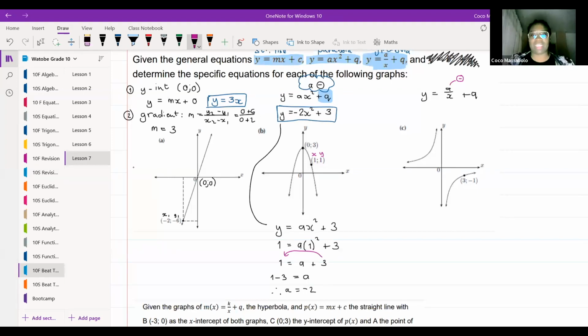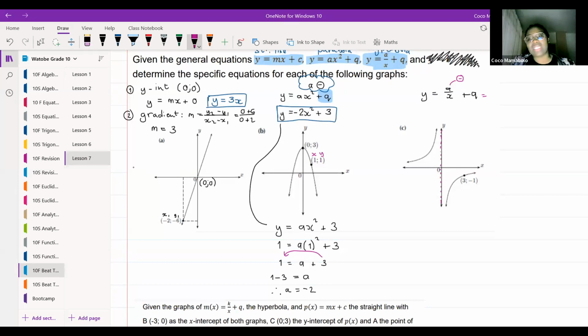Good, A needs to be negative, right? And we know that at X we have an asymptote of 0, so X is equal to 0. What is my Y asymptote here, guys? Have a look at my graph. What would my Y asymptote be? Good. Q is equal to what, Kahalelo? If we look at the graph, what would our Q be equal to? Good, that's it. It's going to be equal to 0, guys.